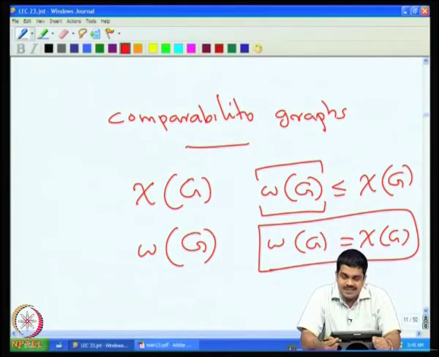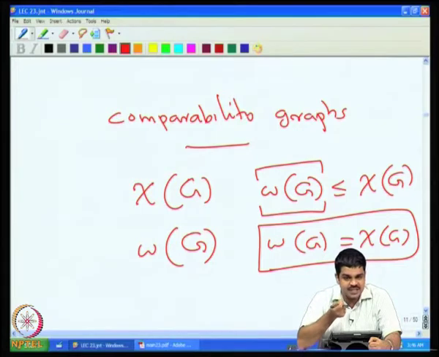Now, we should also understand what this omega of G is in a comparability graph. It is the maximum clique. Any clique, because it is transitively oriented, you know that if you look at the directions given to the edges inside the clique, they will not form any directed cycles, because it is transitively oriented. It is not possible to have it. So, naturally it should be acyclic, and so there should be an ordering of the vertices.